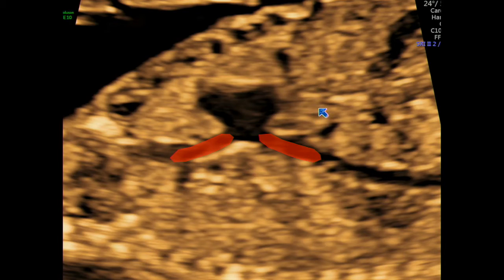What if they're not? Well, you have to walk yourself through a pretty simple algorithm. If one of them is increased in size, logically it's getting more flow. Where is it getting more flow from? Is it getting more flow because you have something like an AVM of the head or vein of Galen aneurysm, which is loading the superior vena cava? But it can also be a powerful tool for picking up anomalous venous return.